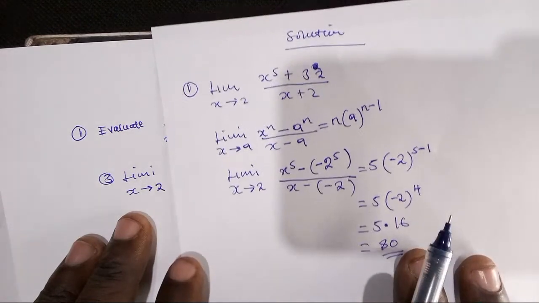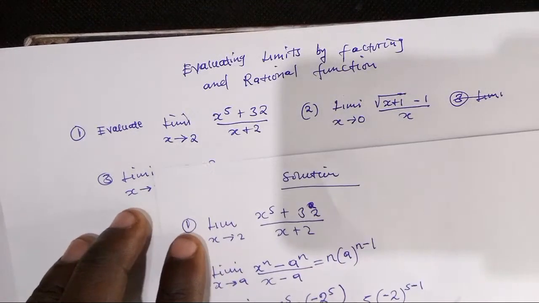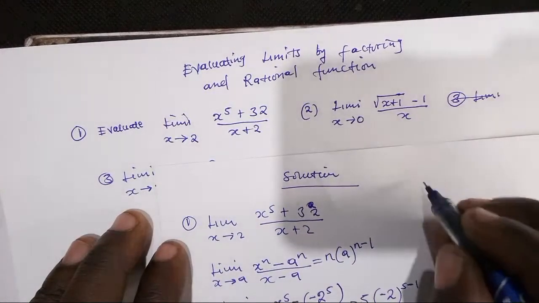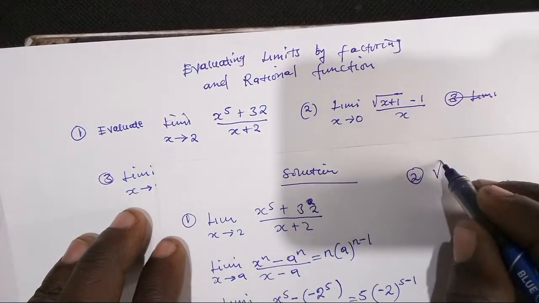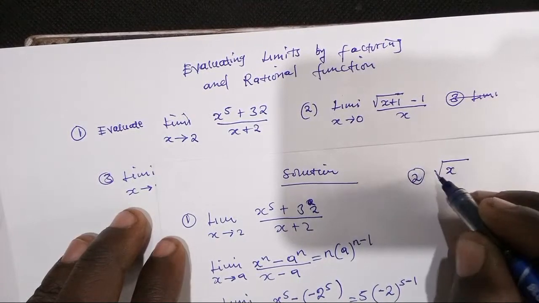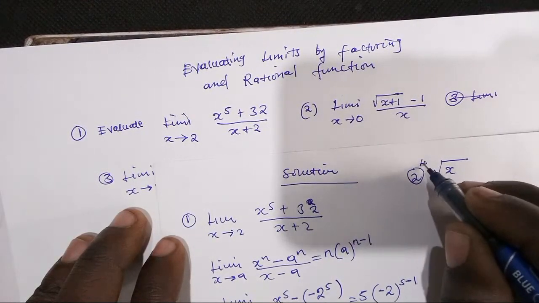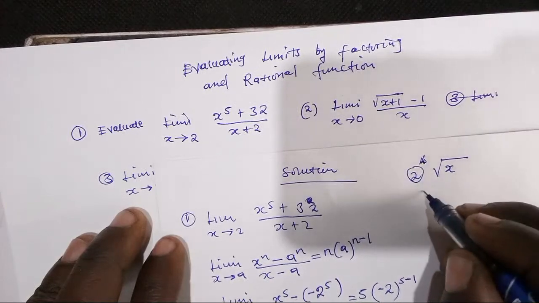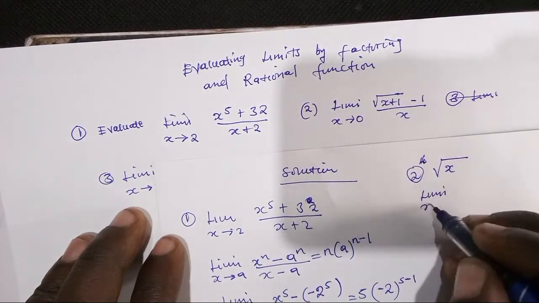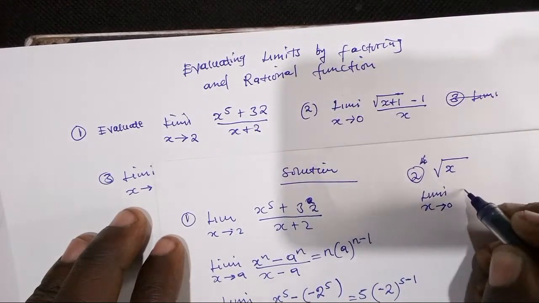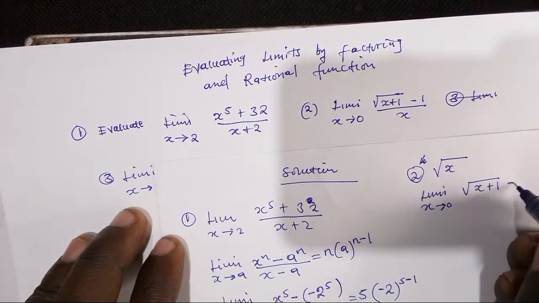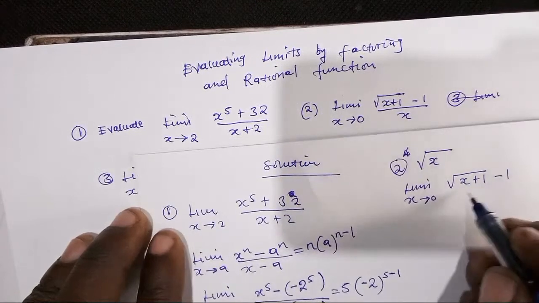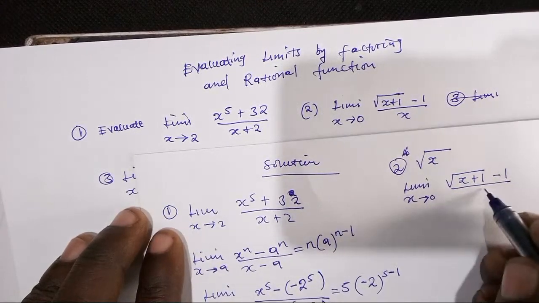So now let's move on to question 2. Question 2 is the limit as x approaches 0 of (the square root of x plus 1, minus 1) over x.